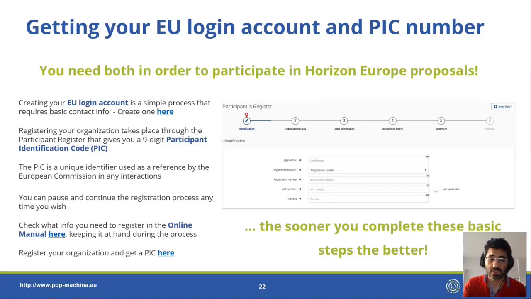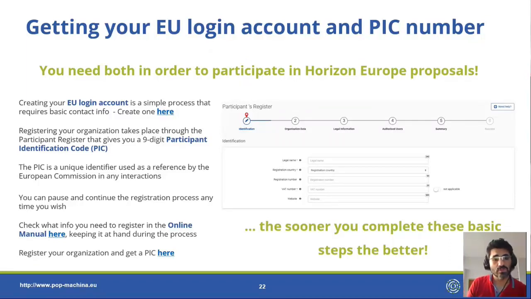It could just be an idea, or you have the name, you have the people that are going to be in it, but you haven't registered yet. You haven't created the company yet. You can get a PIC number and you can participate in proposals.